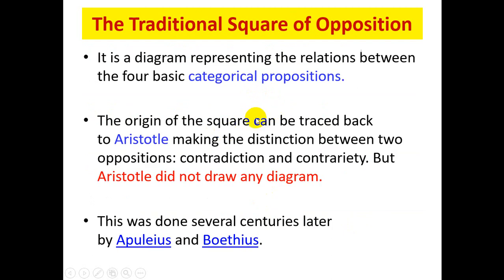So there is something called the traditional square of opposition. This square is a diagram that represents the relations between the basic categorical propositions. It is just a diagram in the form of a square, and it represents the relations between the four basic categorical propositions.